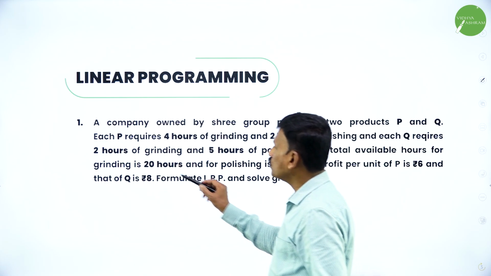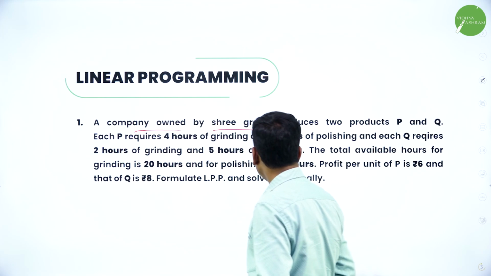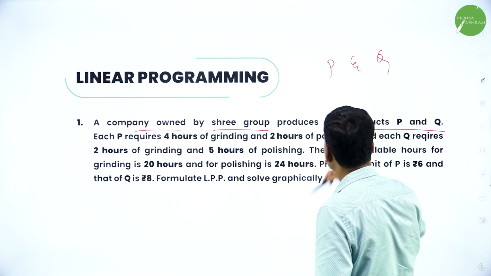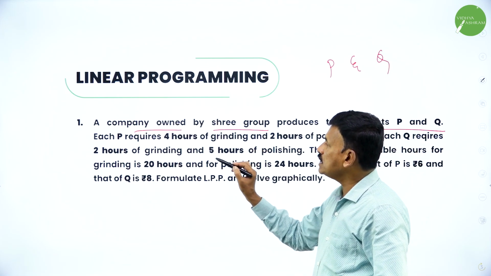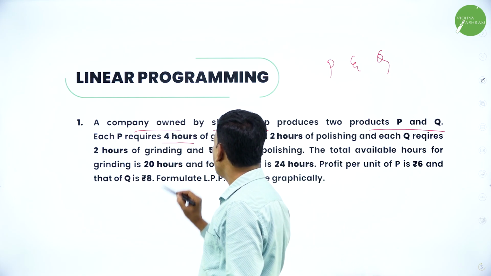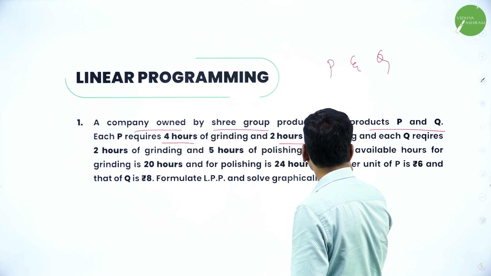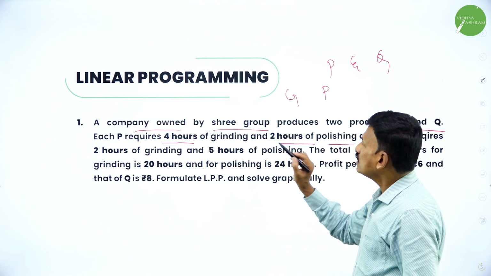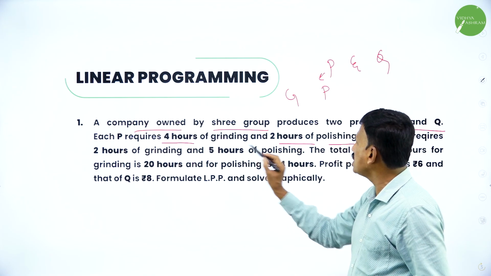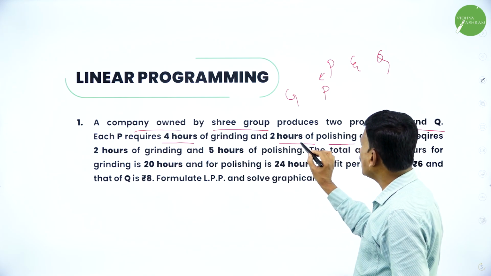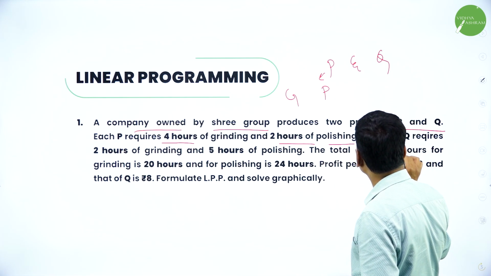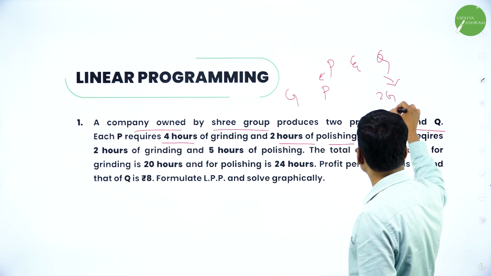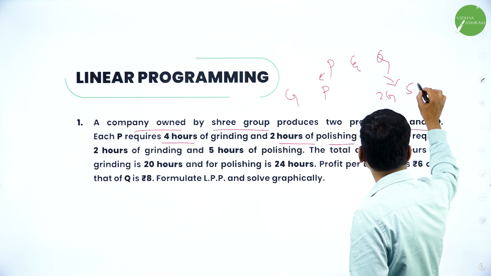A company owned by Shri Group produces two products P and Q. Each P requires 4 hours of grinding and 2 hours of polishing, whereas each Q requires 2 hours of grinding and 5 hours of polishing.